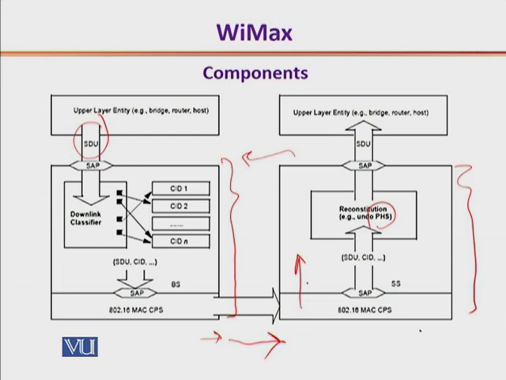So when such data is received, some kind of reconstitution has to be done in order to extract the relevant header information so that it can be processed at the higher layer. Now this is the basic working that shows how the WiMAX base station and subscriber station work together.